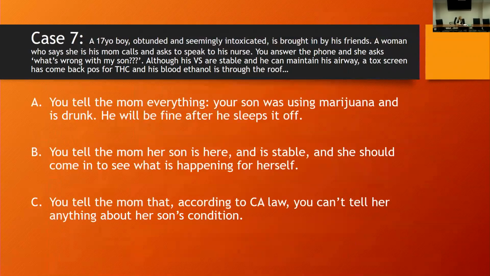B: you tell the mom her son is here, he is stable, she should come in and see what's happening herself. C: you tell the mom that according to California law, you can't tell her anything about her son's condition. I think most of us would have pity on the frantic parent on the line and do B. But the ideal thing is you have to do C. You can't tell her anything.